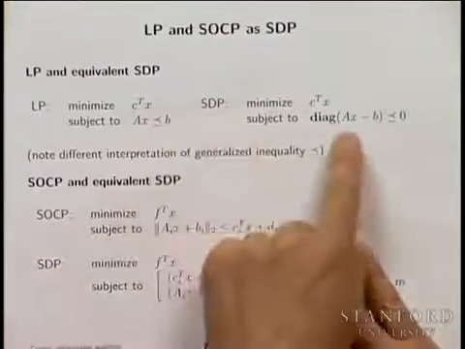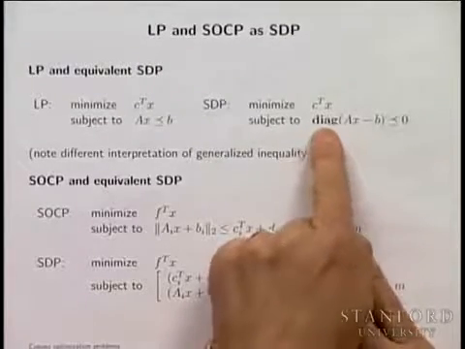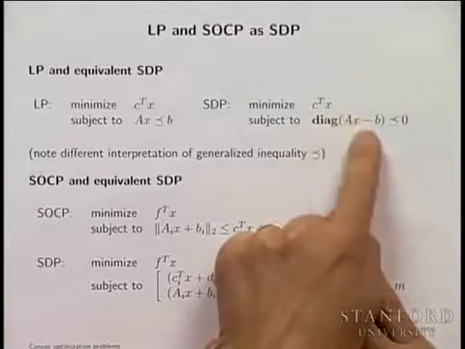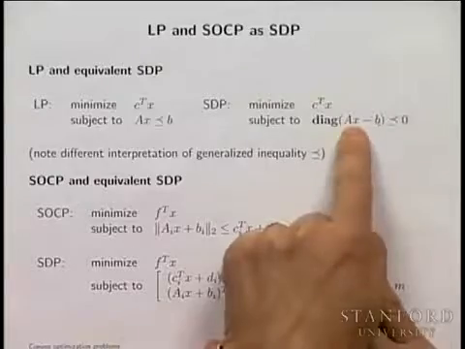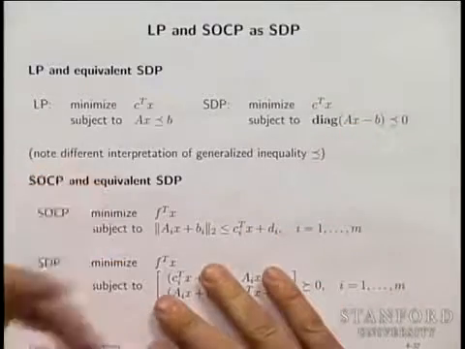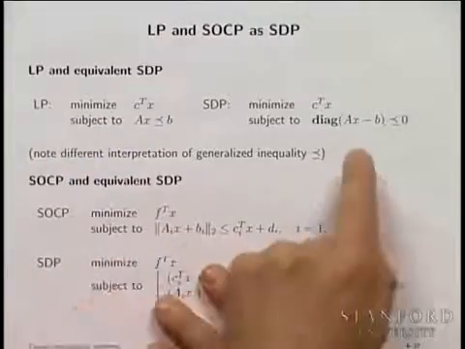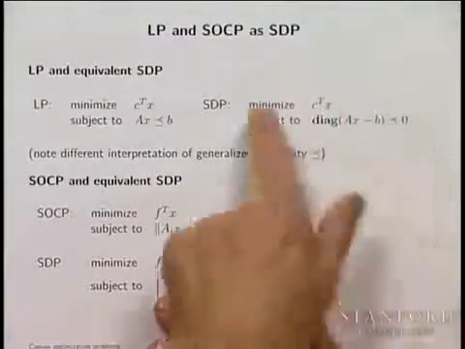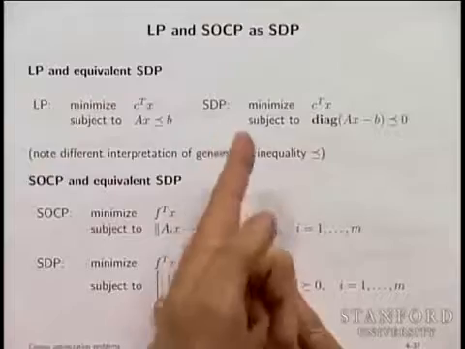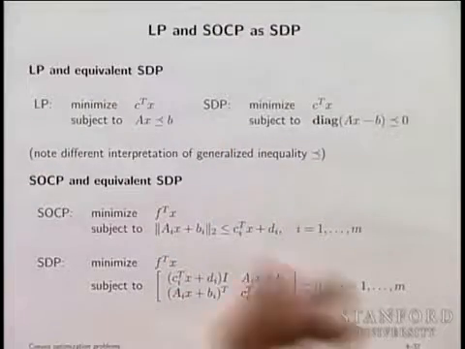How do you write that? Well, it's kind of stupid. If you take diag, the diagonal matrix with this vector on the diagonal, a diagonal matrix is negative semi-definite if and only if all the entries are non-positive. So this is the same. So that's an SDP. In fact, some people would even call an LP a diagonal SDP.